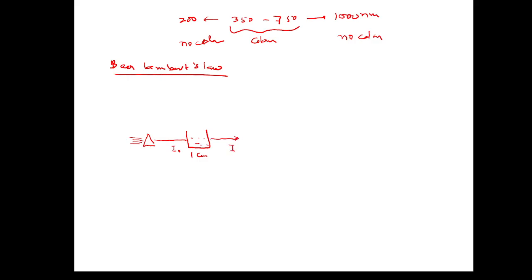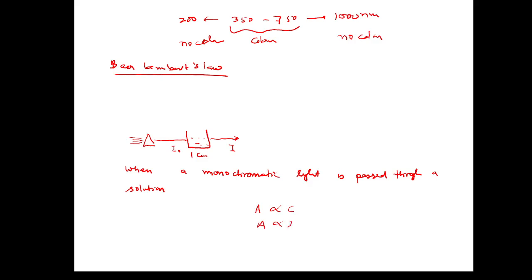Okay. So I will just write, when a monochromatic light is passed through a solution, the decrease in the intensity, which is like absorption, is directly proportional to concentration.